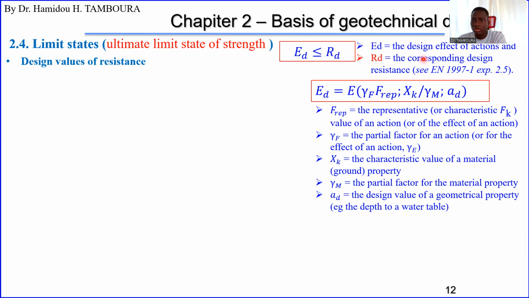When you hear design value, it means the resistance multiplied by a partial factor for safety. Because you will have the resistance, and after using some partial factor to multiply or divide, technically it's safe, you will have the design resistance corresponding to the forces.